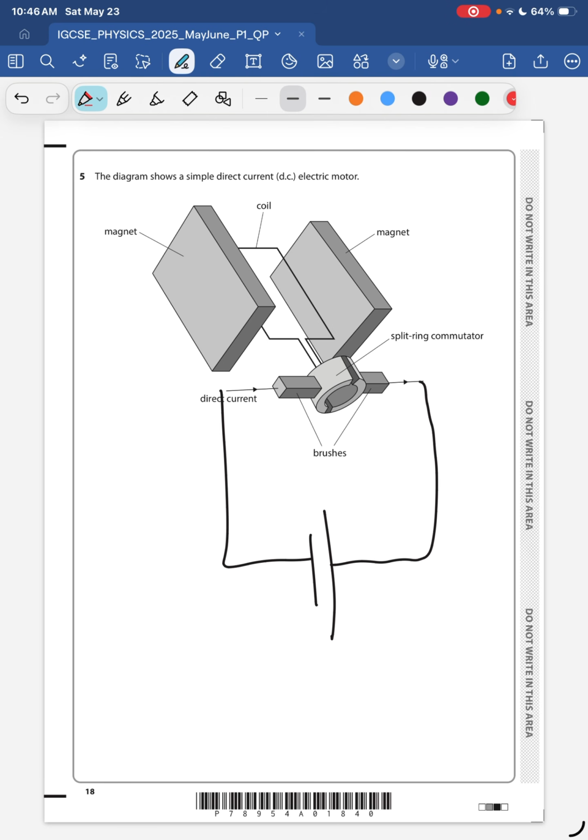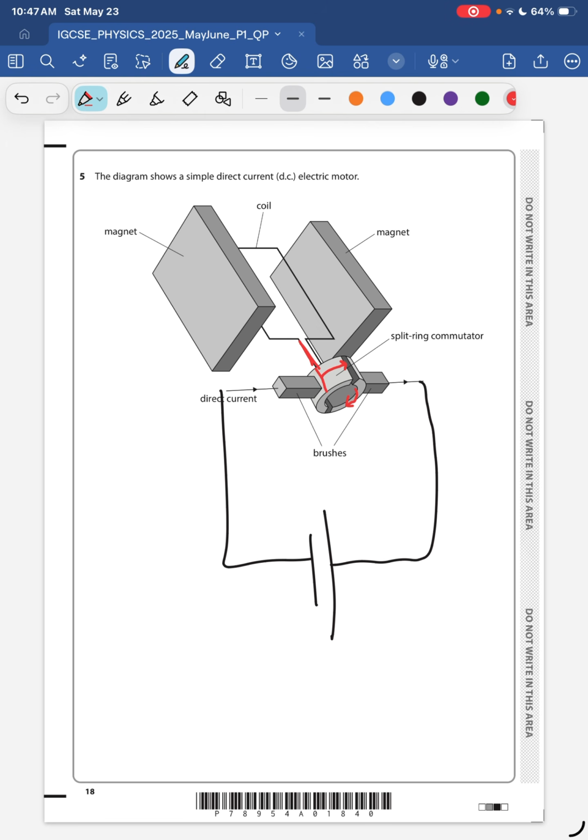Internally, if that's the wire that touches the commutator, it rotates until it reaches this gap, and then of course it keeps spinning.